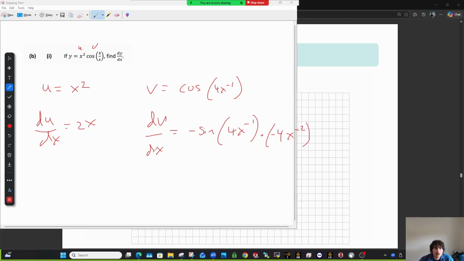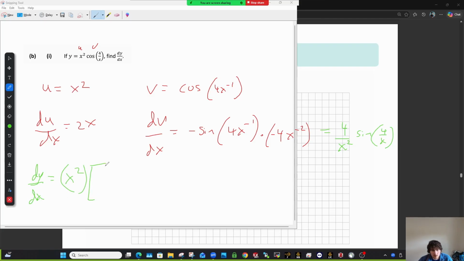Okay. So then we could probably tidy that up there. I'd tidy that up to be minus 4 by minus 1. So that gives a plus 4 over x squared multiplied by sine 4 over x when you tidy it up a little bit. So then dy dx, subbing into the product rule, which is u multiplied by dv dx, which is all this.